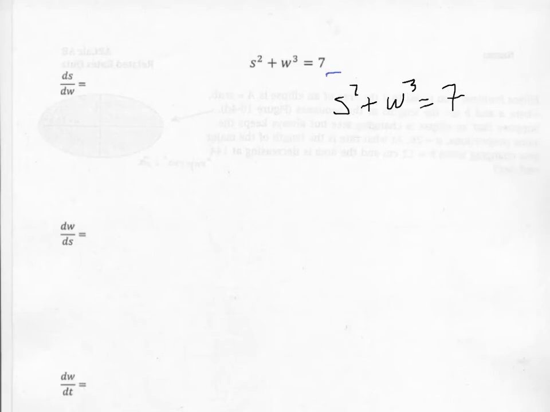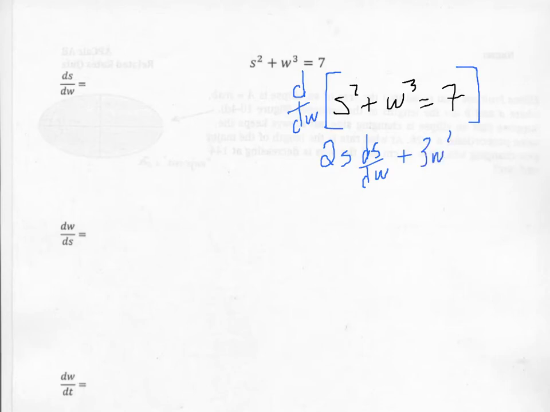So if I take the derivative of this with respect to w, and then when I do this out, this is going to be 2s ds/dw plus 3w squared dw/dw, which is going to equal, and then I take the derivative of 7, which is a constant with respect to w, so that's going to be equal to 0.